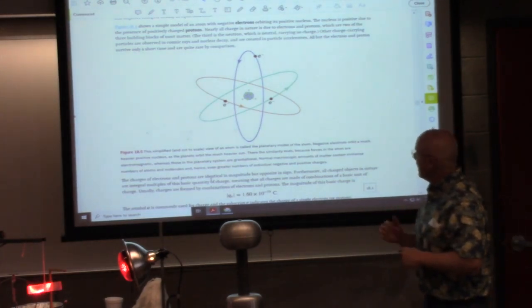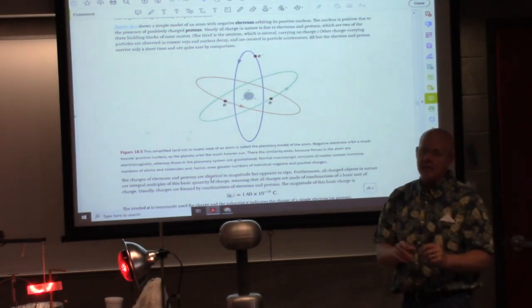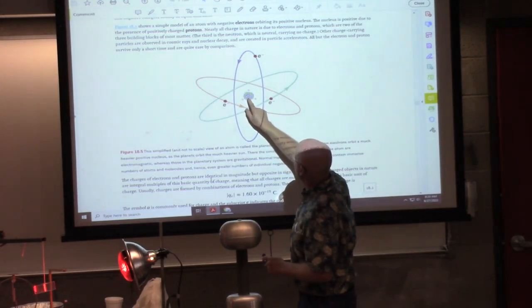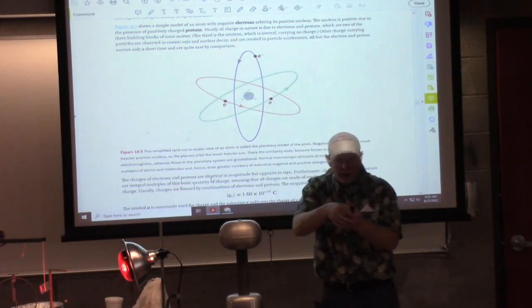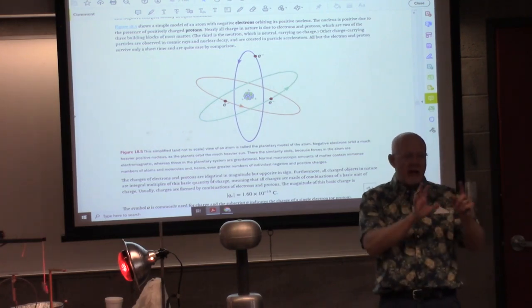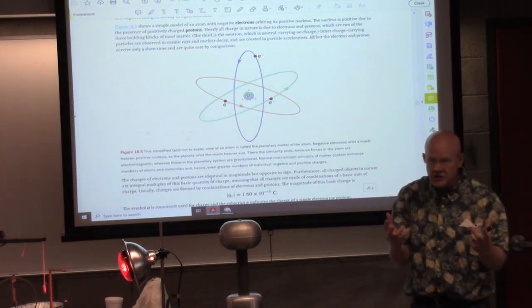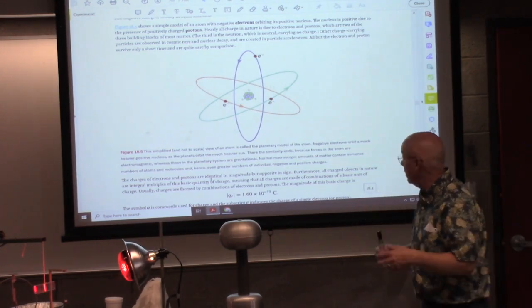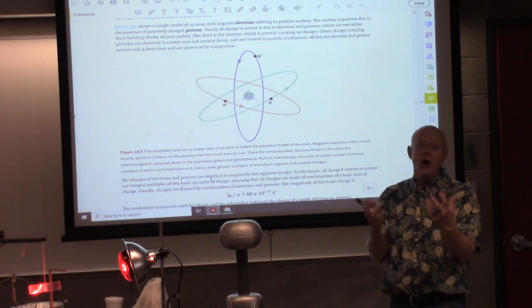But since that won't come into play for what we're talking about, let's ignore the neutrons. I think those are the green ones. Your author is trying to color those little green spheres and say those are neutral things. They don't have any charge, and that's why we're not going to be interested in them right now. And in fact, that's why they were not even discovered for a long time later, because they are neutral.